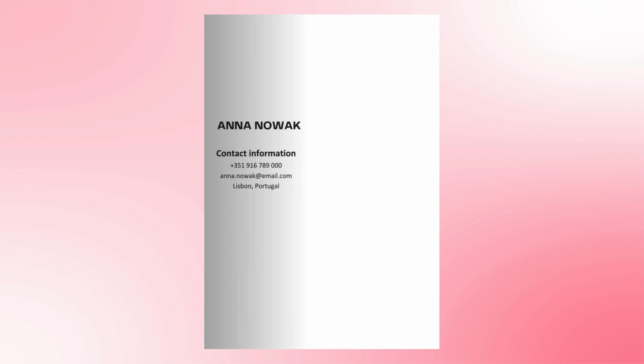You may want to avoid giving your full current home address, including house number, street name, or postcode. A town or city name is usually sufficient. We would advise you to stay clear of including personal information such as your date of birth, marital status, nationality, or religion.